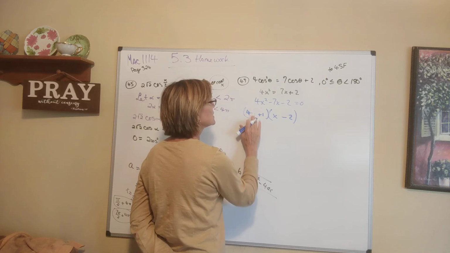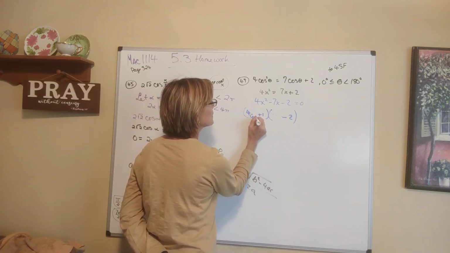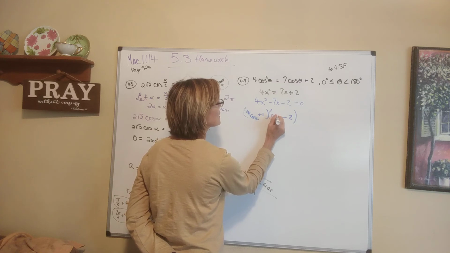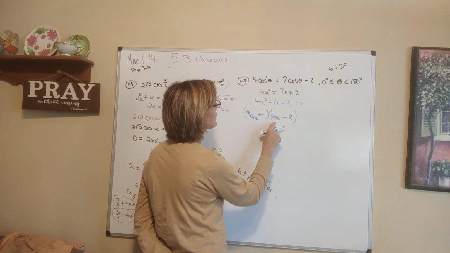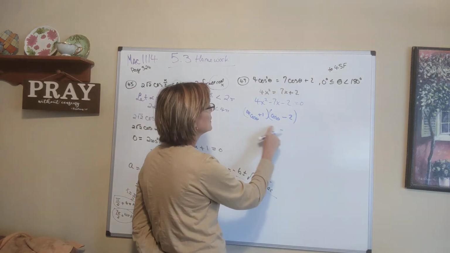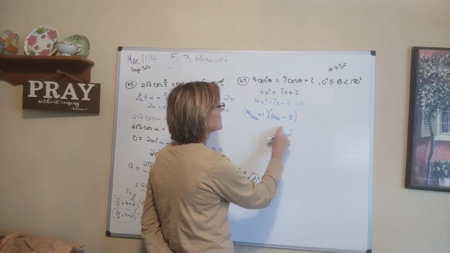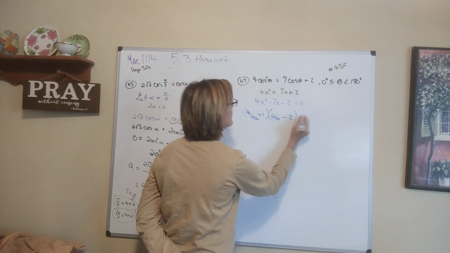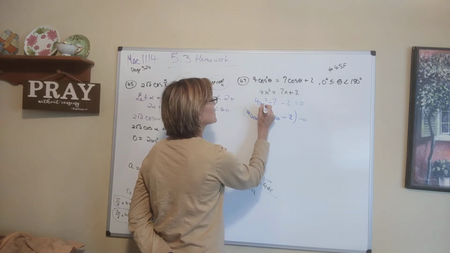So really, since x is cosine, we'll say this is 4 cosine theta plus 1 times cosine theta minus 2 equals 0, realizing that the x is really the cosine theta.